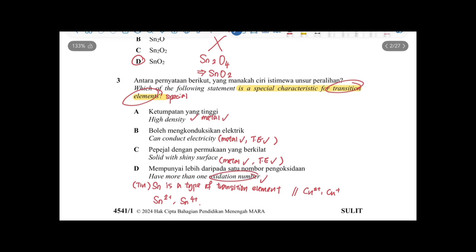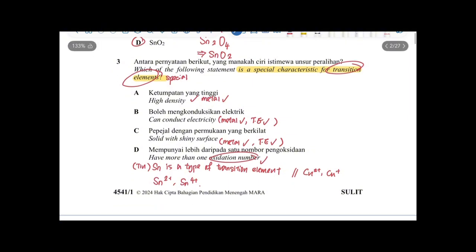Okay, question 3 is asking what is the special characteristic of transition elements. Let's look at the options one by one. First is high density. Transition elements are metals, so they have high density, but it is not special, because group 1 elements, which are sodium and potassium, are also high density.